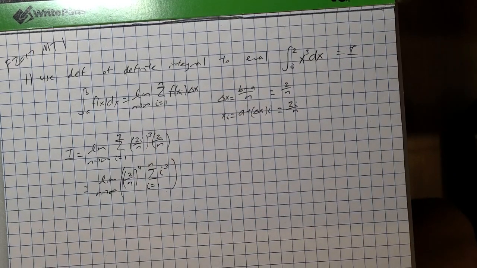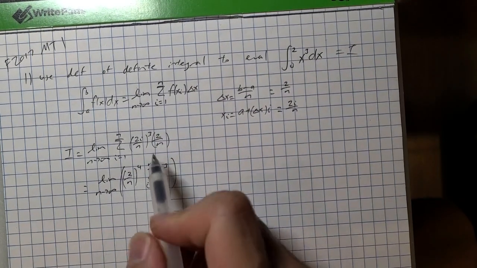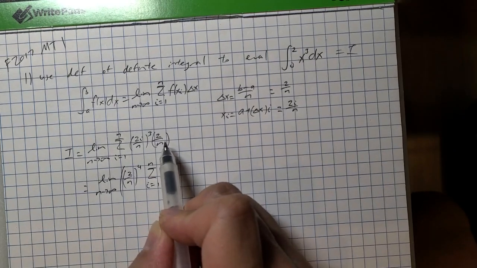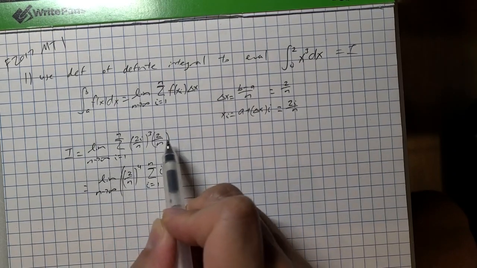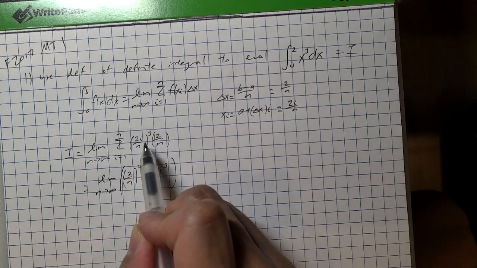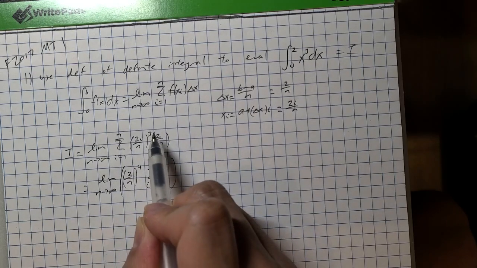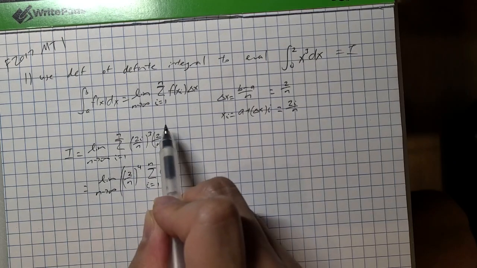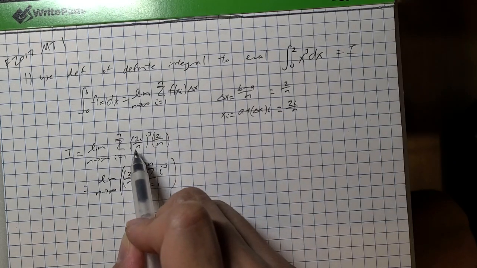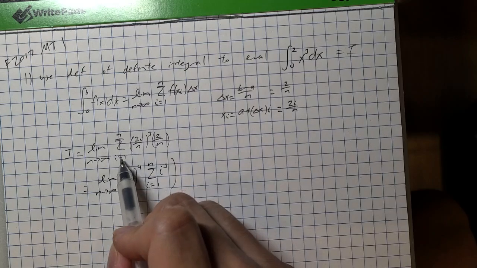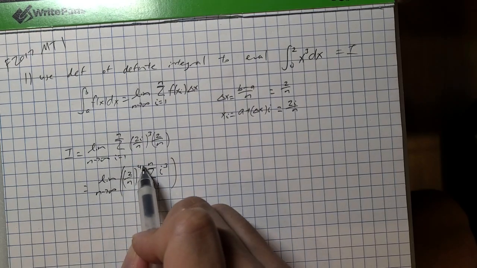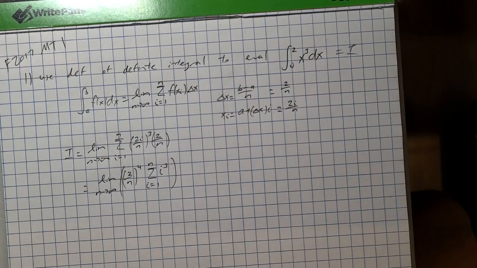So going from here to here, this factor we can move out of the summation sign. It's just a constant, it does not depend on i. We can break it up as 2 over n to the 3rd power times i to the 3rd power. Again, 2 over n to the 3rd power does not depend on i, so we can move it out. So we have 2 over n to the 4th power, and we have i cubed still.